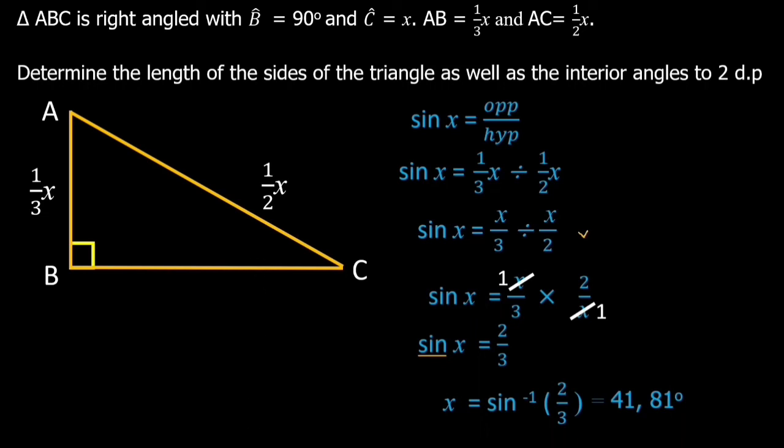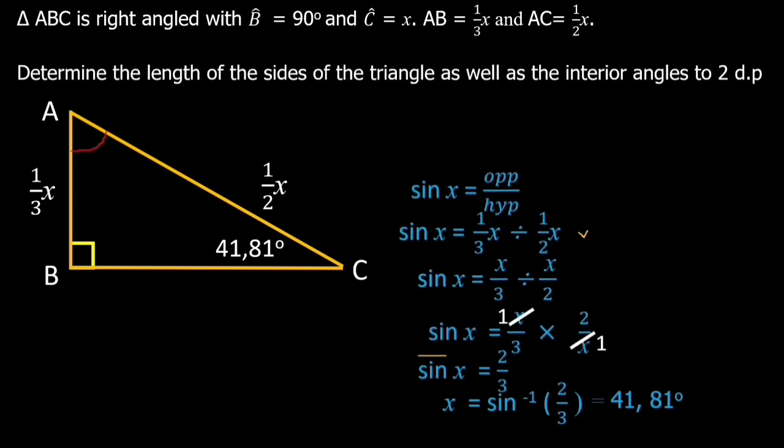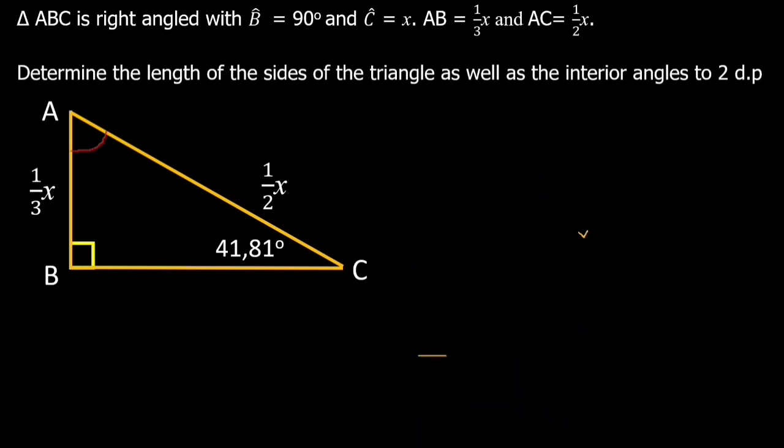Now, once we know what x is, part of this puzzle is already solved, because for side AB and side AC, we replace x there and we can solve. And once we know what angle C is, we can easily work out what angle A is by using the properties of a right angled triangle.